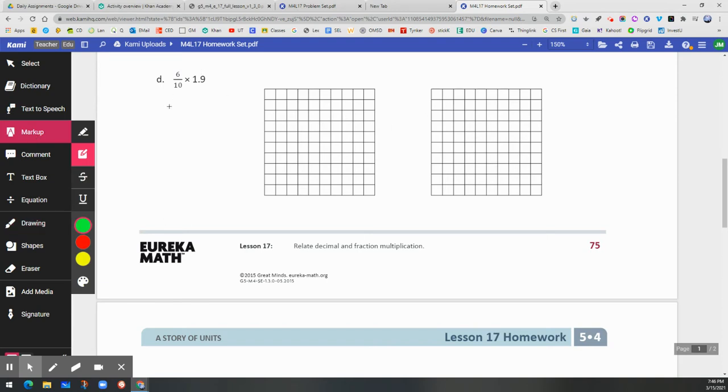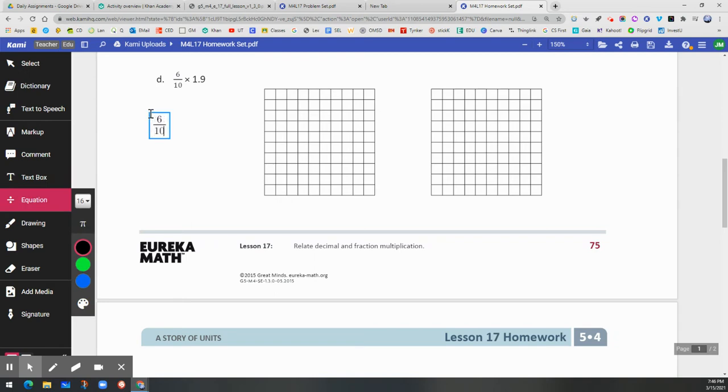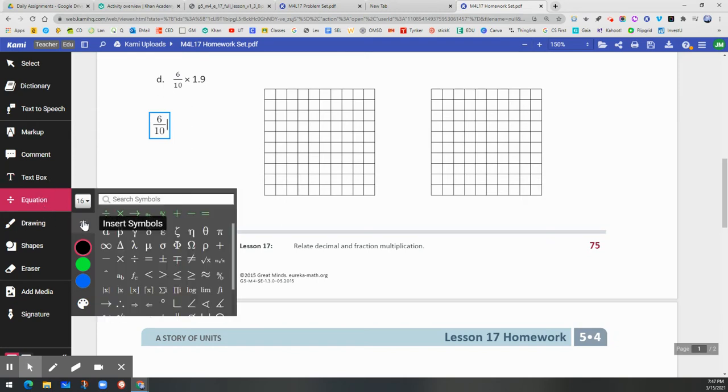Actually, you know what? We're going to do the multiplication first. We're going to write 6/10, and we're multiplying a number that is 1.9, which is a mixed number.